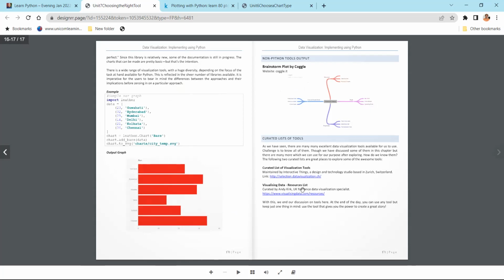Again, I have added these links. You can go and see. There's something called selection.datavisualization.ch, and then you have visualization resources at singdata.com. If you go there, you will see there are so many tools for visualization. The world of this is so important, right?